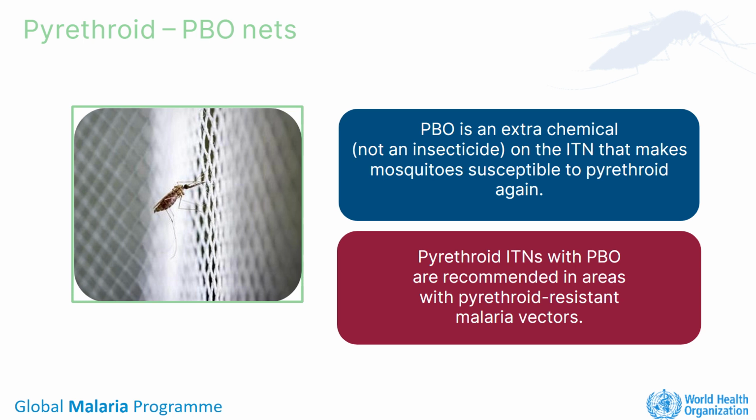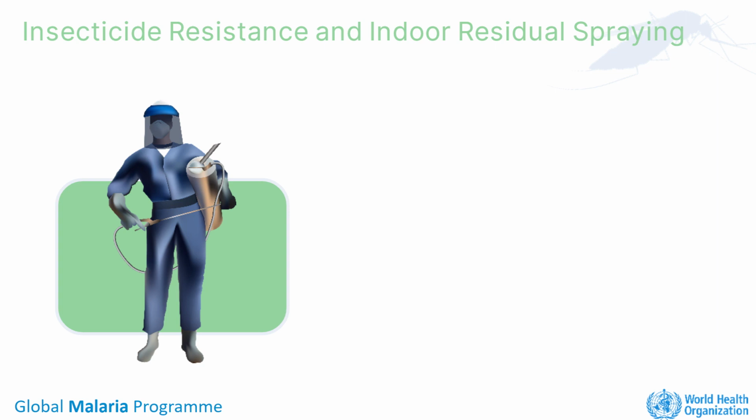However, in the near future, it is likely that ITNs with more than one active ingredient will be approved by WHO as the world continues to combat the threat from insecticide resistance. Development of insecticide resistance is a problem for IRS in a similar way that it is for ITNs.